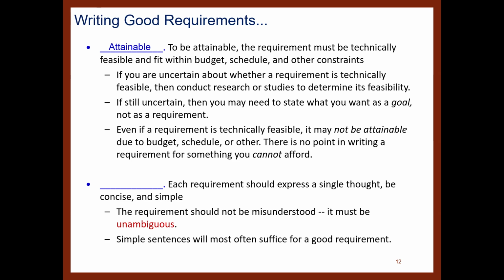So, let's say you only have 2 years to complete the project. If the technology that you want to use may take 3, even though it's there, it's going to be too long for you to wait, so it's not attainable. There's no point of writing a requirement for something you cannot afford.